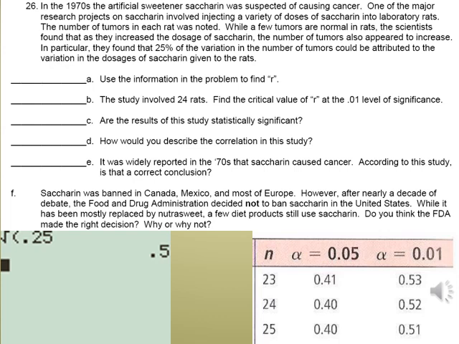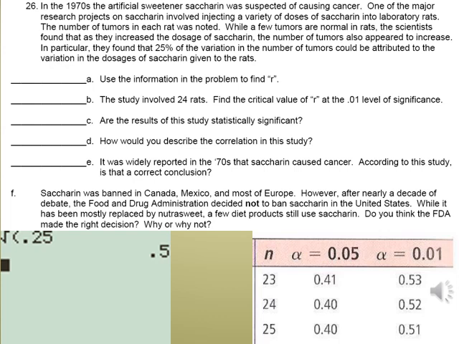and again we're supposed to find R, so what I did is I took the square root of 0.25, and part A is going to be 0.5. Then they ask you a question about whether this was significant. It says the study involved 24 rats, find a critical value, and it says at the 0.01 level of significance.